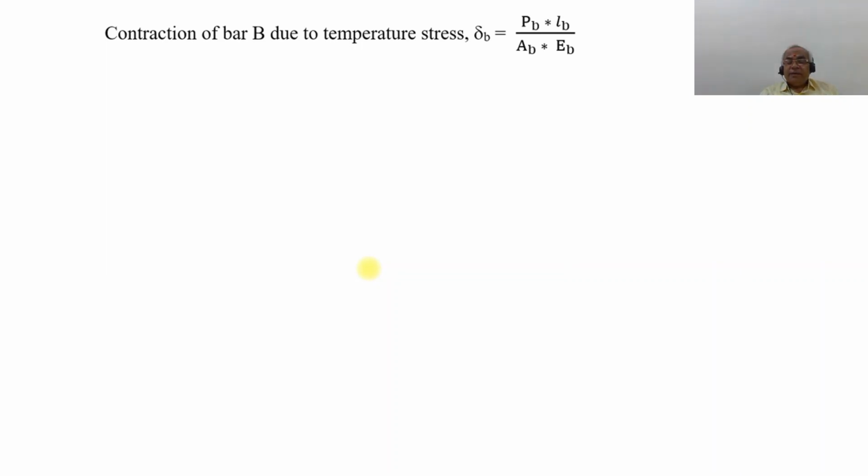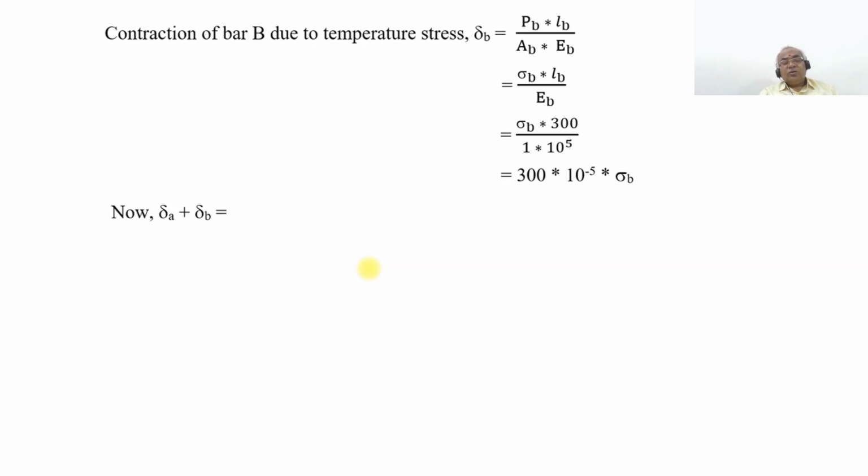PB by AB is sigma B, so sigma B into the length of bar B, 300 mm, divided by 1 into 10 to the power of 5. On simplification, you get 300 into 10 to the power of minus 5 into sigma B.